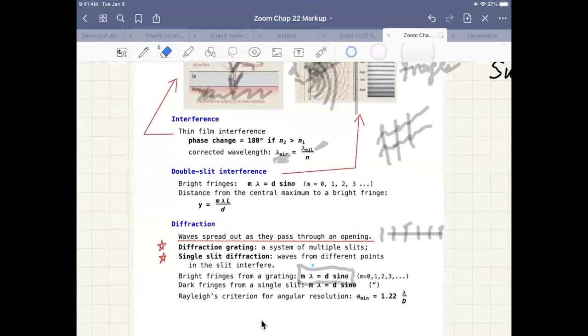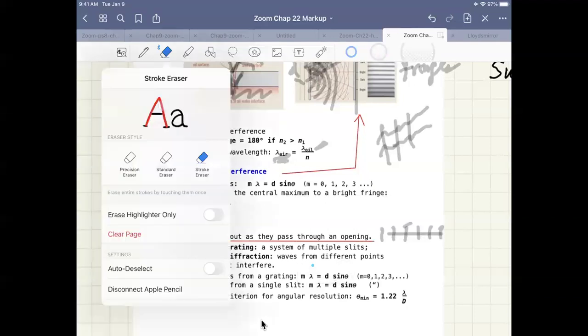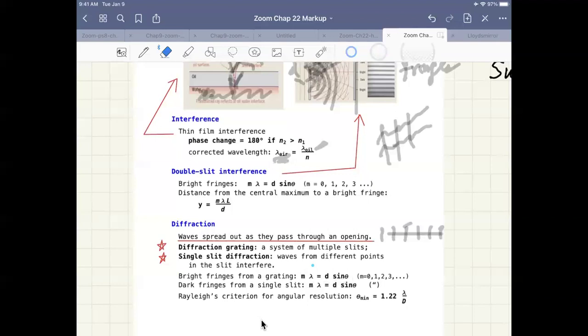You can also have interference from a single slit, and that's called single slit diffraction. You have a similar kind of equation, but this is, in one case, for bright fringes. This is the formula for dark fringes when light goes through a single slit.